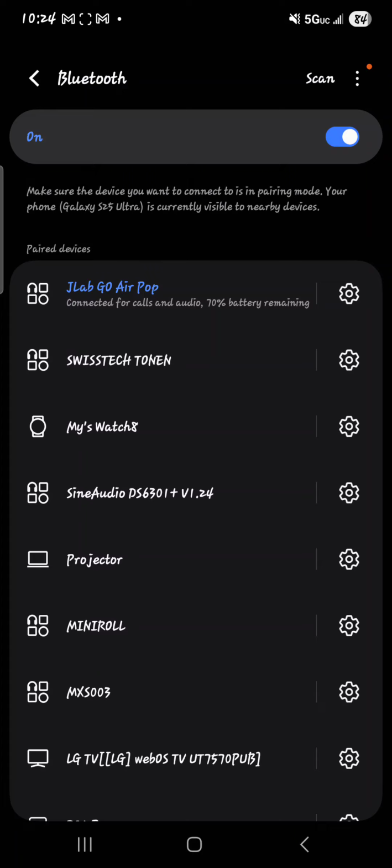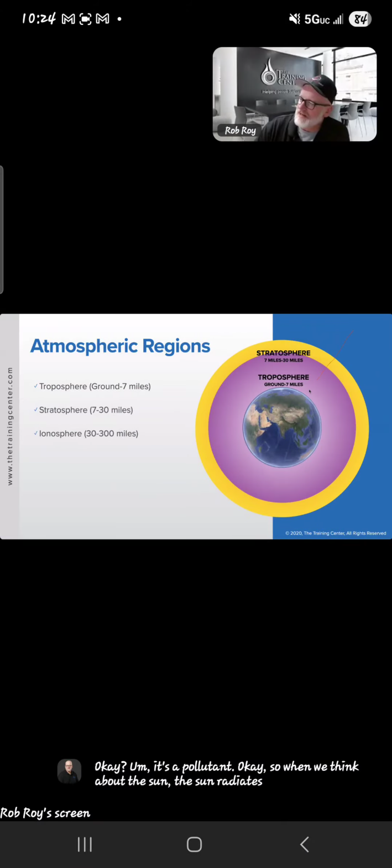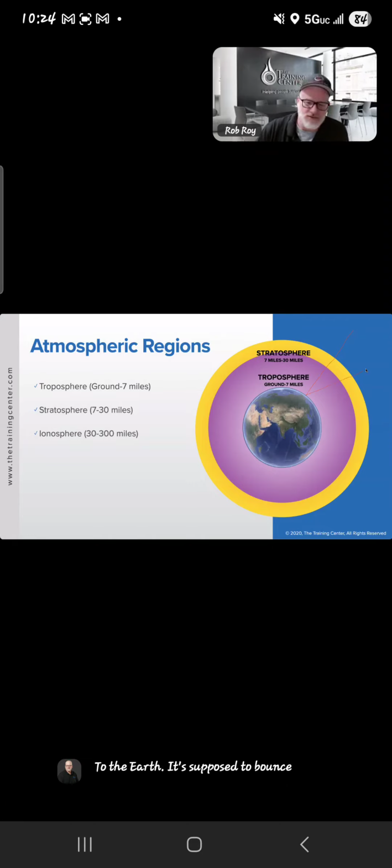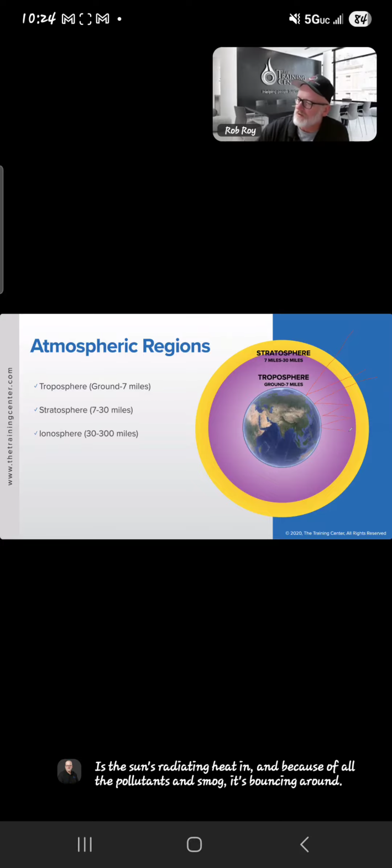It's a pollutant. So when we think about the sun radiating heat into the earth, it's supposed to bounce back out to a certain level. What's happening now is the sun's radiating heat in, and because of all the pollutants and smog, it's bouncing around. So we're retaining heat inside the troposphere.